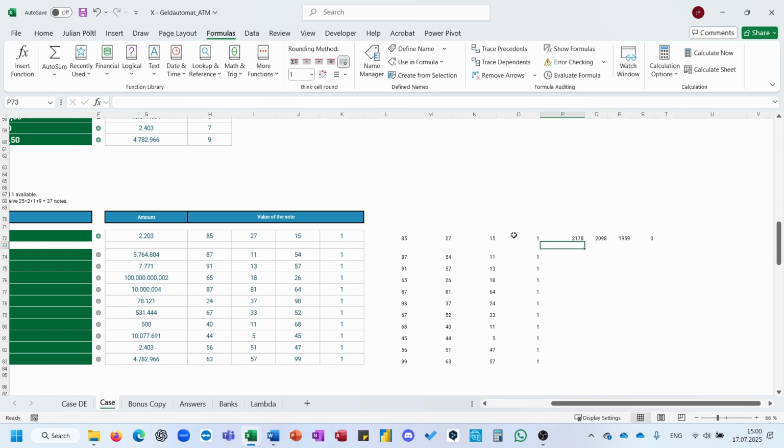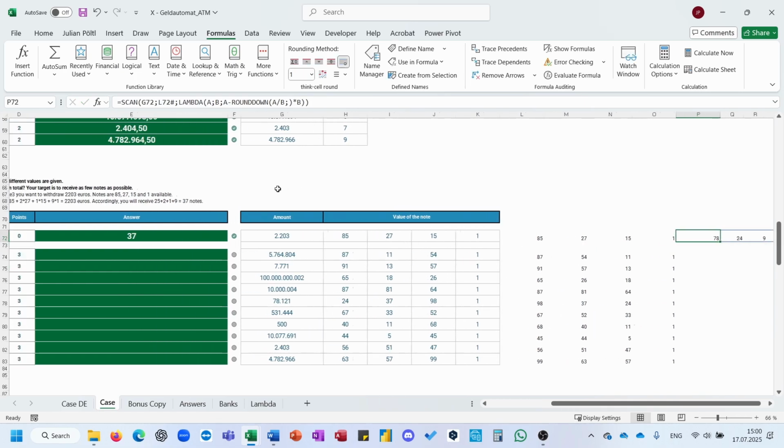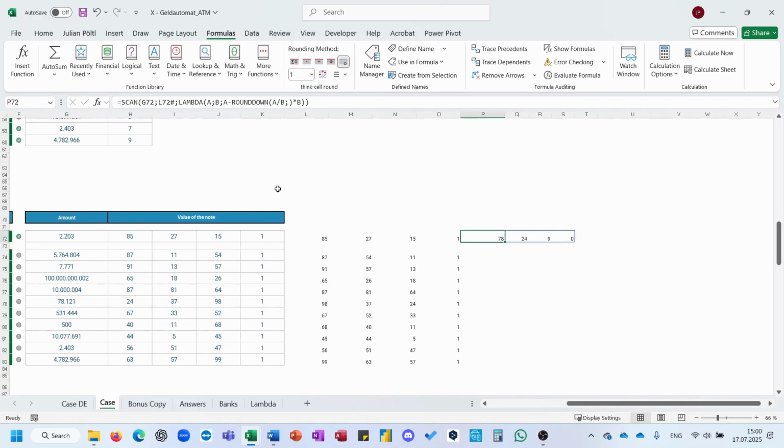Let's see what we got there. We get something odd. Multiplied with b, of course. Yeah. So here we get how much money is left, so to say.